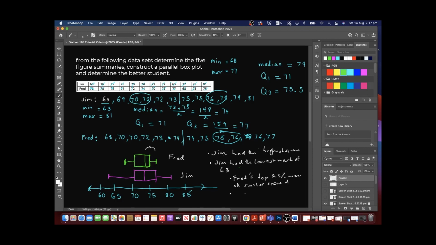And we can say both had the same median.